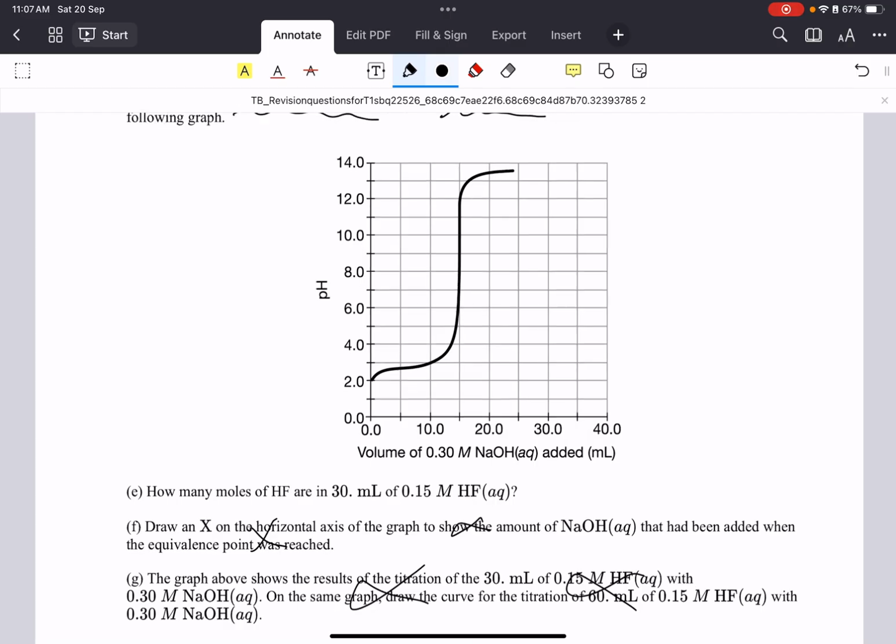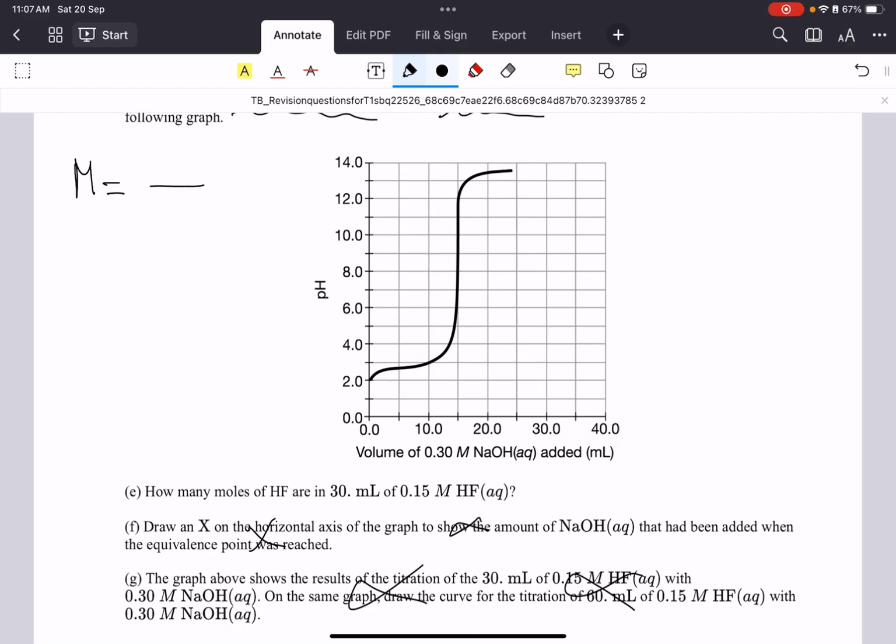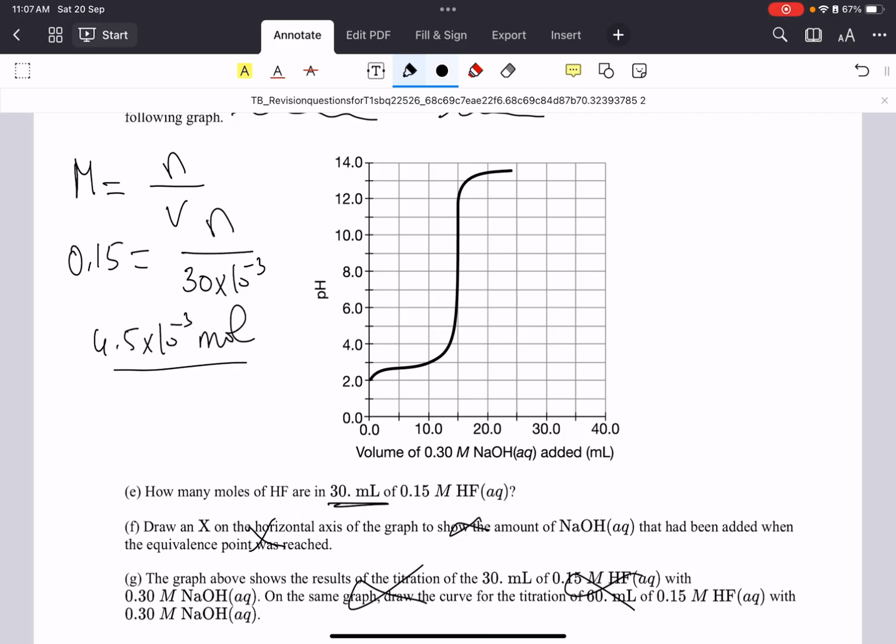So this is a simple question. Again, molarity is moles divided by volume. Since the molarity is 0.15, how many moles? And of course the volume must be changed into liters. So the answer is 4.5 times 10 to the power negative 3 moles.